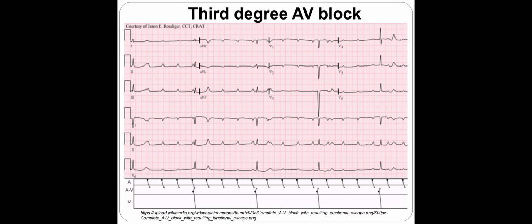So it looks like if you had a 2-to-1 AV block, that means that every second P is followed by a QRS. You could say that the QRS complex is a little bit wider when we do have a ventricle escape rhythm, but when we do have a low junctional rhythm, the QRS complex is not.